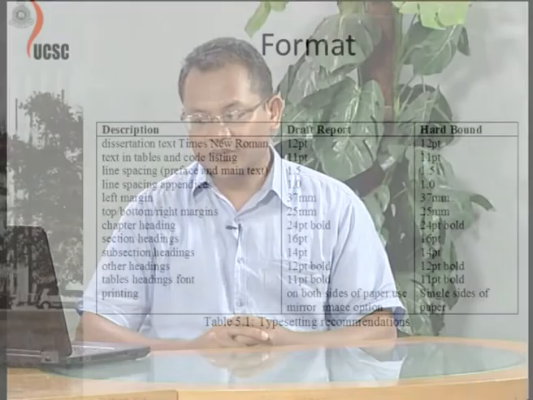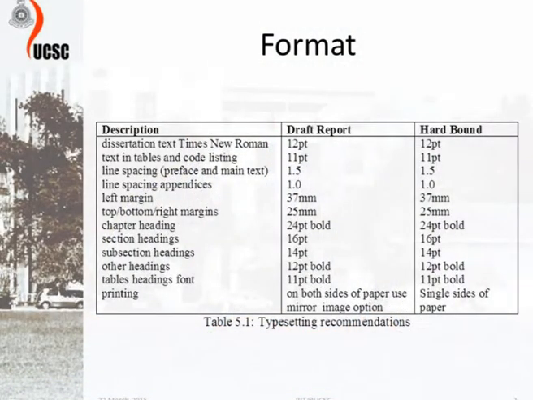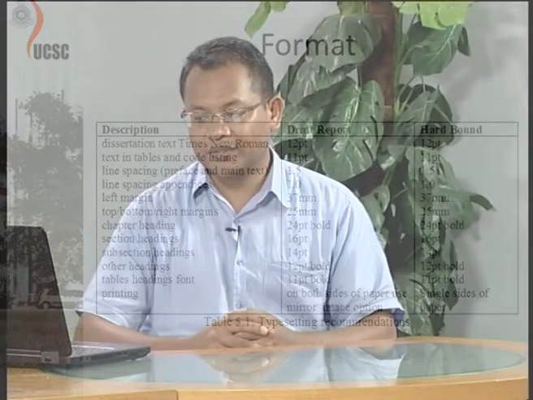The only difference is that the text is in bold, but make sure that you adhere to these typesetting recommendations and have your chapter headings in 24 point bold, your secondary headings in 16 point, subheadings in 14 point, and if you have any other headings, then you can have them in 12 point bold, and table headings and figure captions should always be in 11 point. And so, that is about the format.